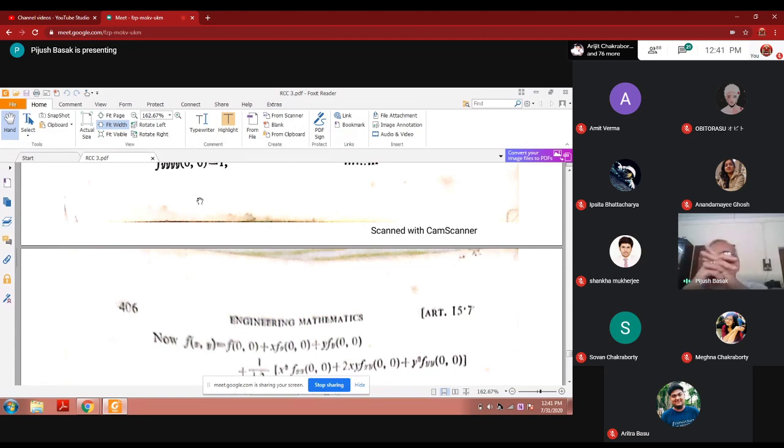In a surface, what are the local minima and what is the global minimum, and what is the global maximum. That will be discussed in detail with problems.